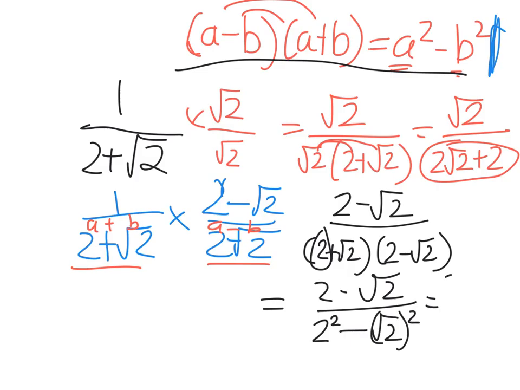So on top remains 2 minus root 2, but on the bottom I get 2 squared is 4 minus root 2 squared is 2. So of course 4 minus 2 is just 2. Now it does have a rational denominator. So I've used the difference of two squares. So let's go through a few more examples.